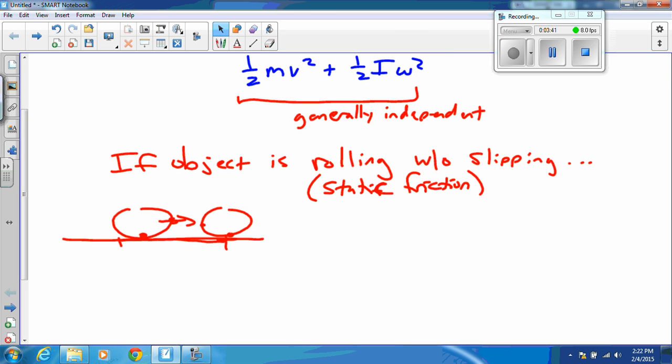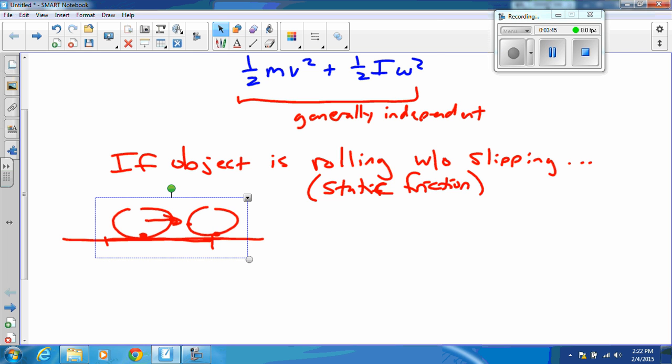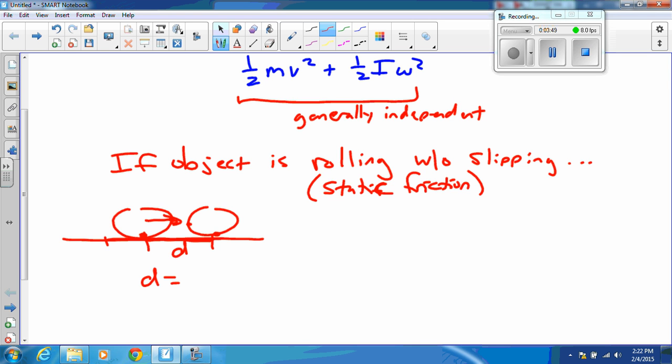The distance that I travel in this direction, from here to here, d, has to equal the distance around the circumference that the rolling object travels. In other words, it has to equal r delta theta. Does that make sense to everybody?